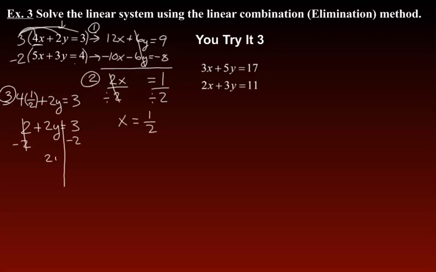We get 2y equals 1. And then we're going to divide both sides by 2. That way we get y equals 1/2. And then step 4 is to write our answer as an ordered pair. 1/2, comma, 1/2. And with that, the first example is done.